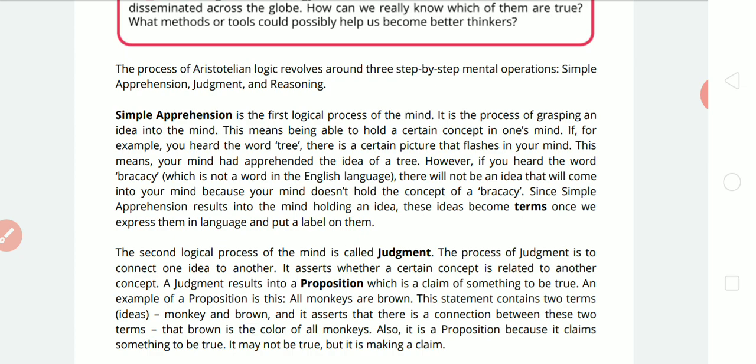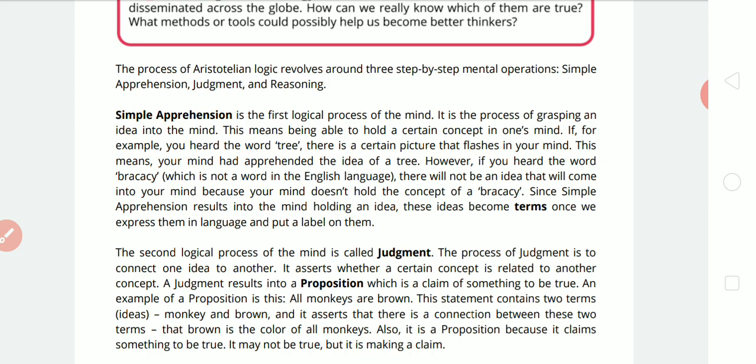And thus, there will not be an idea that will come into your mind because your mind doesn't hold the concept of bracacy. We have no personal encounter or personal knowledge of what bracacy is, or if ever you know it, then good for you. But for me, I don't know what it is. It was not registered fully in my knowledge or cognition, and I have not discovered its meaning.